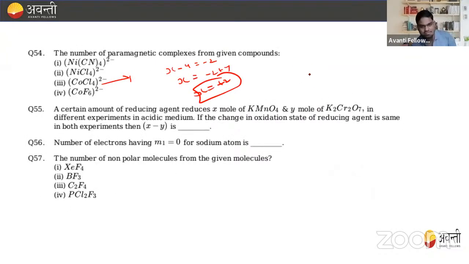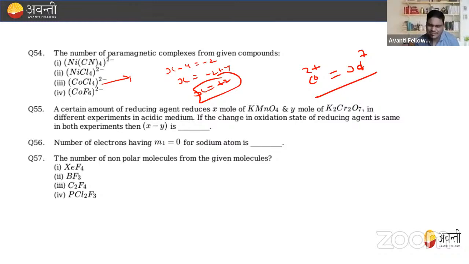So this will have 3d7. You have to identify the number of paramagnetic complexes.